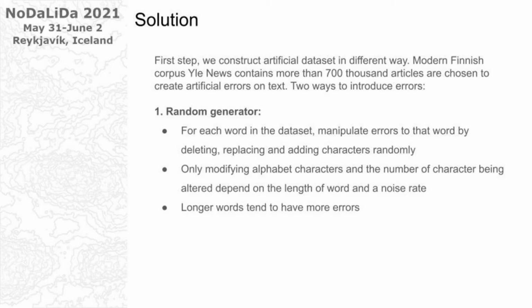The idea is, for each word in the dataset, to manipulate errors by deleting, replacing, and adding characters randomly. We only modify alphabet characters, and the number of characters being altered depends on the length of the word and also on a noise rate, so that a longer word tends to have more errors.